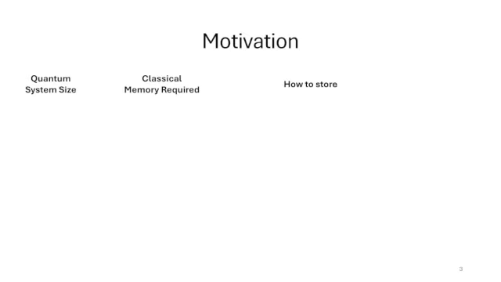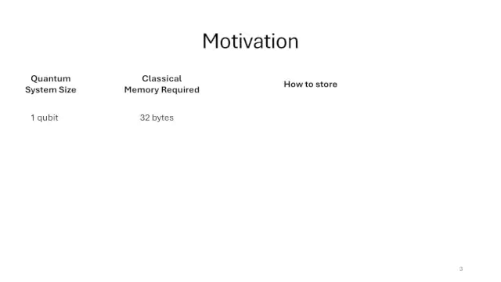Let me motivate that with some examples of quantum systems and how much classical storage we need to represent them. So if we start with the simplest possible system, that's one qubit, just a single qubit. And how much classical memory do we need to represent the corresponding state? Just 32 bytes.